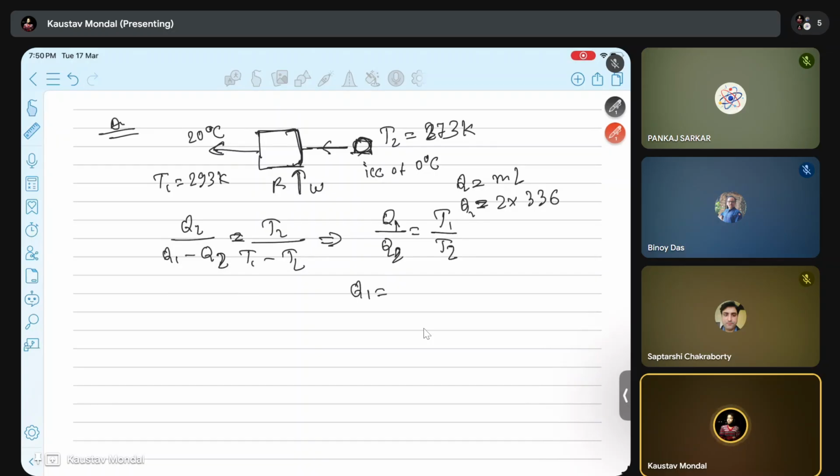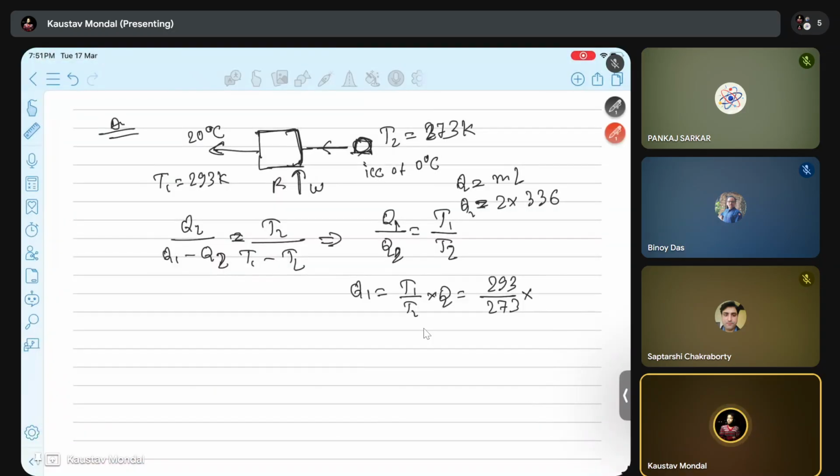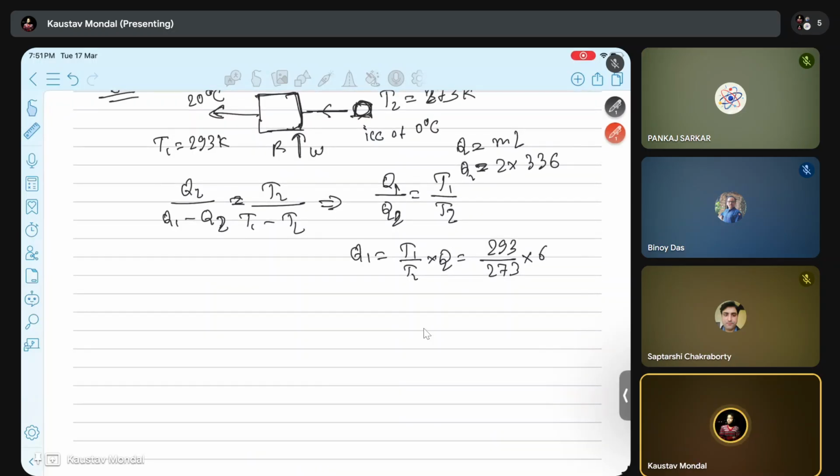So Q1 equal to T1 by T2 into Q2, that is 293 by 273 into 2 into 336 kilojoule. Converting to joules, that is 672 into 10 to the power 3 joule.